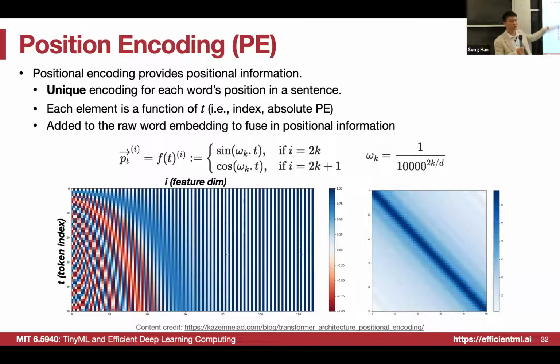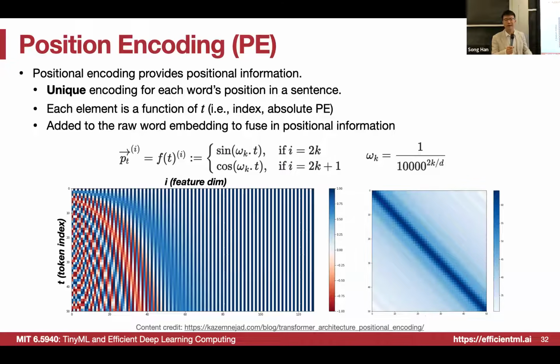Okay, so here we have two dimensions. One is the token index. In this example, we have 50 tokens in a sentence. Here is the feature dimension, like 4K in Llama 7B, but here we have 128 feature dimensions. And we want to distinguish tokens. This is token 0, token 10, token 20, token 50.